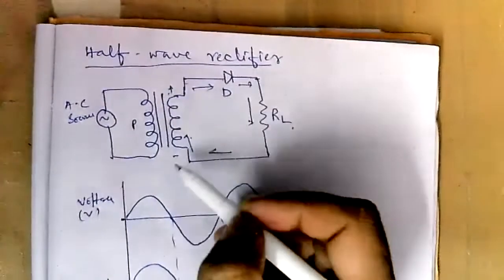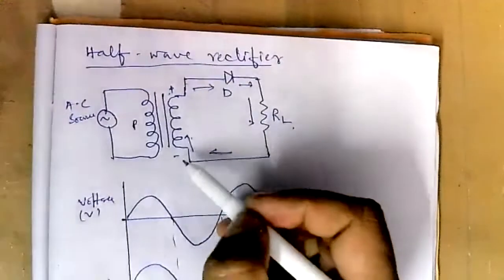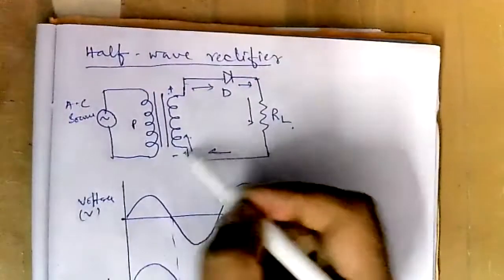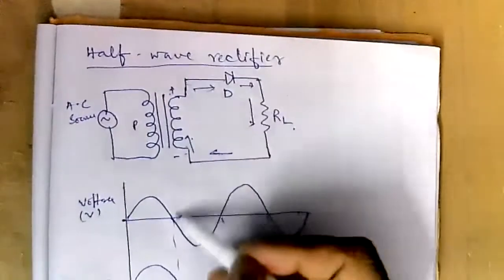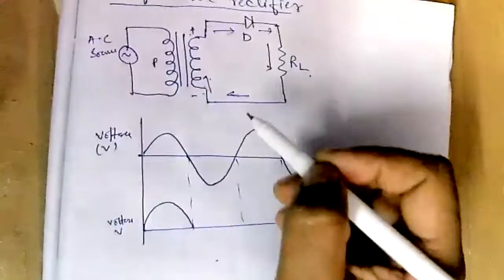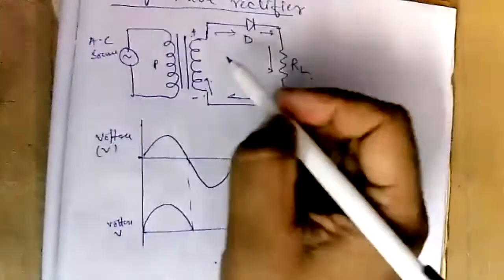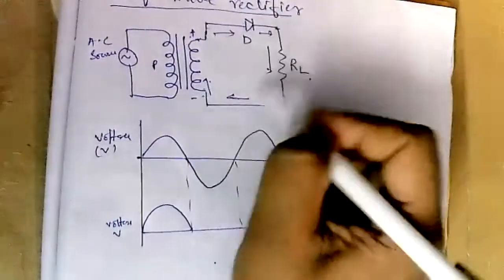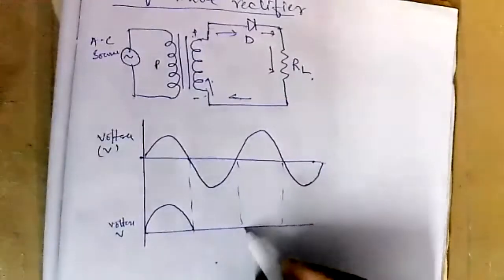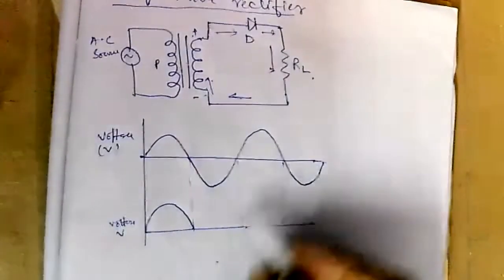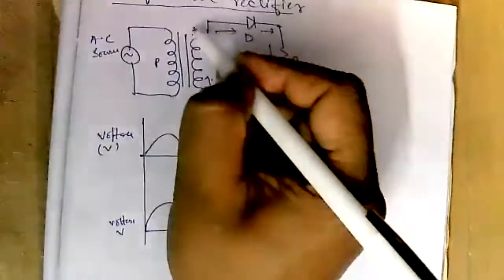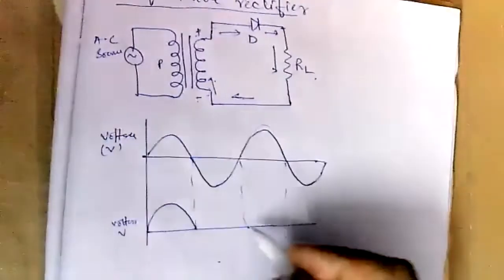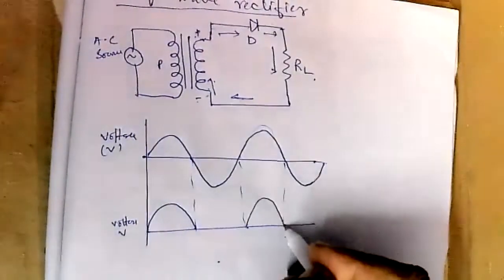But in the second half cycle, when the lower terminal is positive and the upper terminal is negative, then what will happen? The P side is connected to the negative terminal and the N side is connected to the positive terminal. So no current will flow. In the next half cycle, when again the upper side is positive and the lower side is negative, current will flow. So you will get a voltage drop.